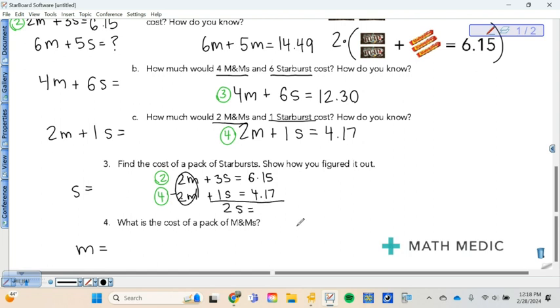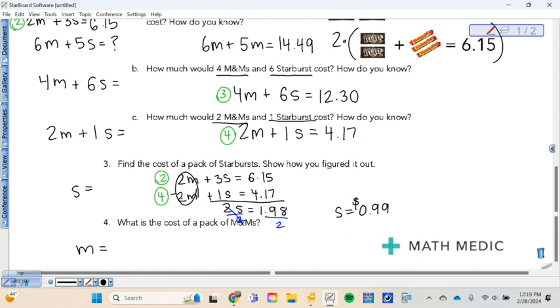And what's 615 minus 417? 1.98. Yeah, divide by 2. So S is 99 cents. The Starburst costs 99 cents.